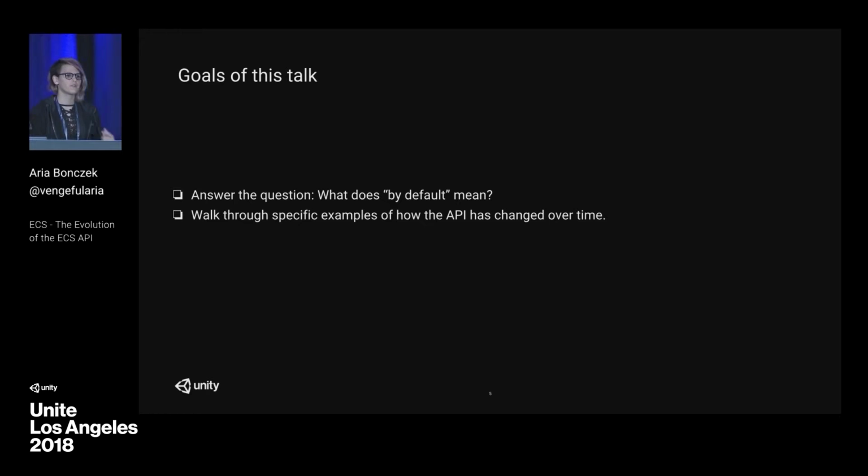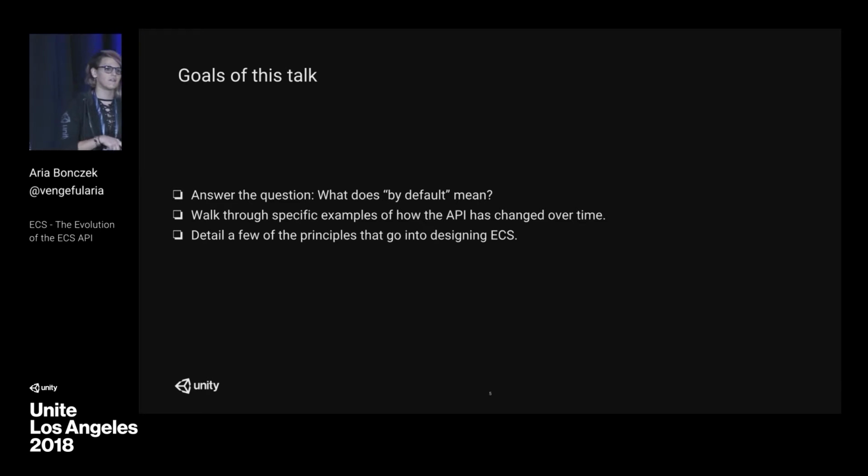I'm also going to walk through some specific examples about how the API has changed over time and how we are currently still working day to day on improving the API and doing a little bit better at providing performance by default. I also want to detail a few of the principles that go into how we think about and design those APIs.